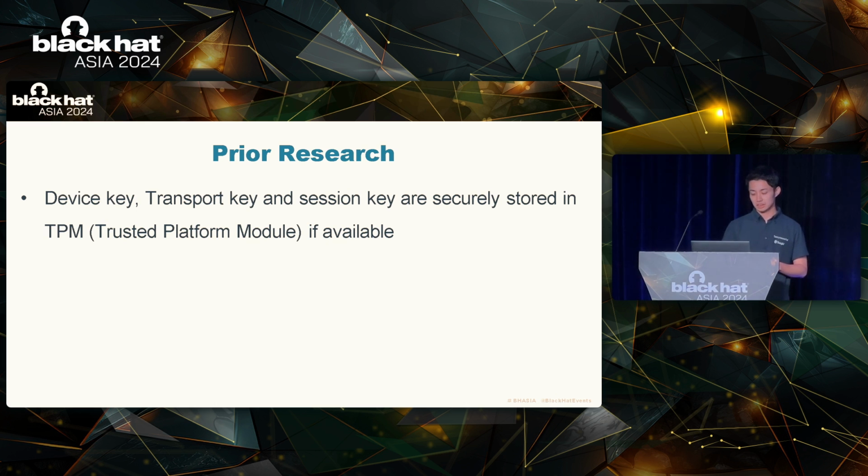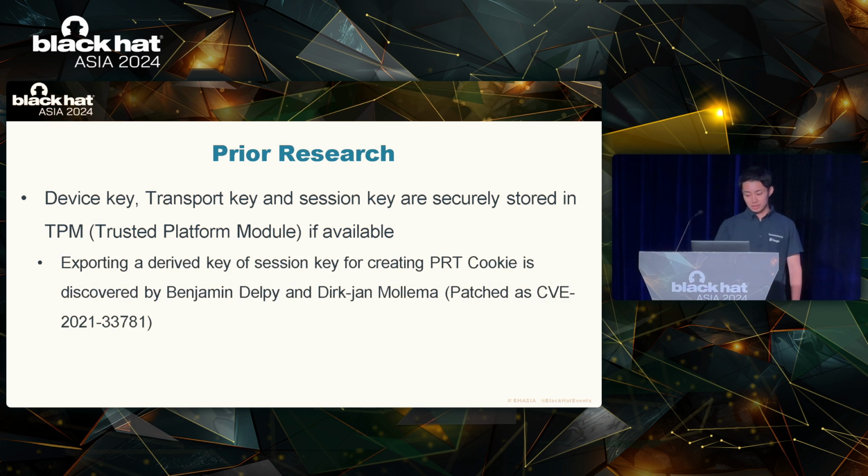And those keys are not exportable. There is prior research by Benjamin Delpy, who discovered exporting a derived key of the session key and creating a PRT cookie. However, it was patched in 2021, so currently it is hard to export those keys and create a PRT cookie.